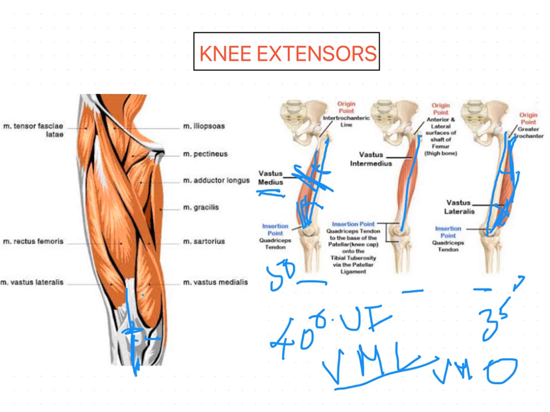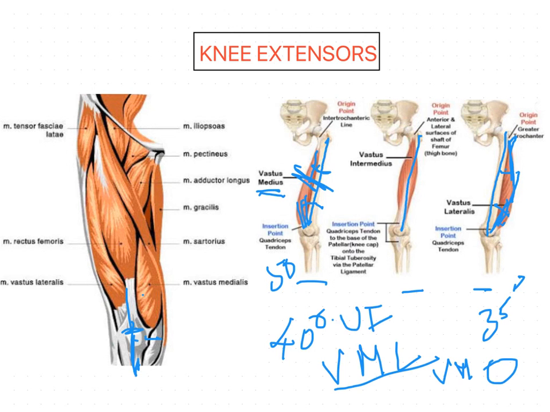These are some of the studies noted by investigators. Lieb and Perry also found the resultant pull of the four portions of the quadriceps muscle to be 7 to 10 degrees in the lateral direction and 3 to 5 degrees anteriorly in relation to the long axis of the femur.